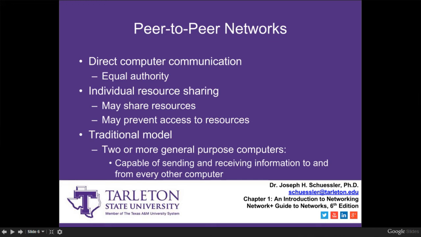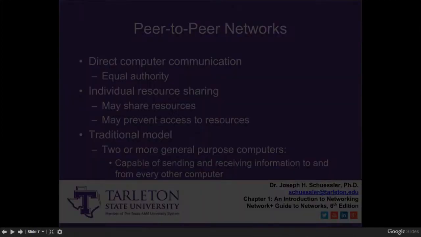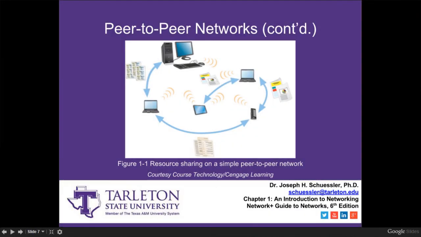In other words, you can share resources, but you can also prevent access to resources on your individual system, as can all of the other users. The traditional model of peer-to-peer networks is two or more general purpose computers, nothing fancy, any computer will do. And so you're capable of sending and receiving information to and from every other computer. So graphically, this is what it might look like.